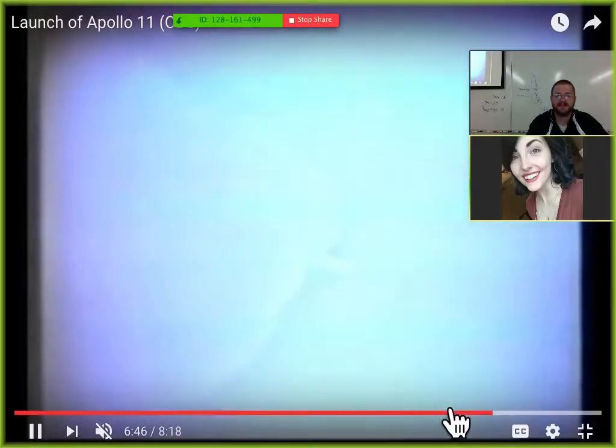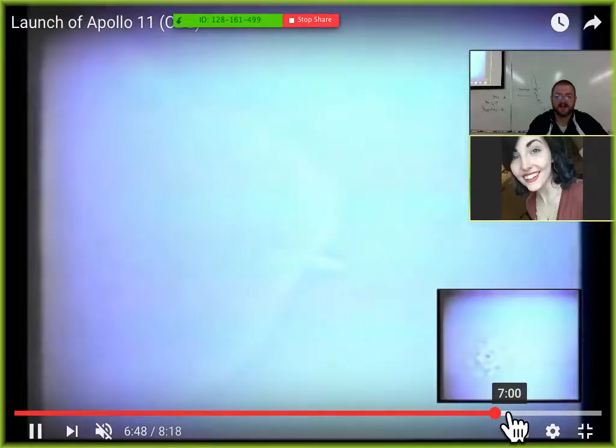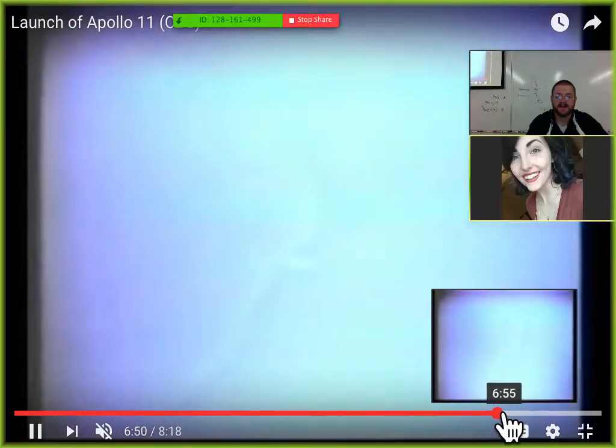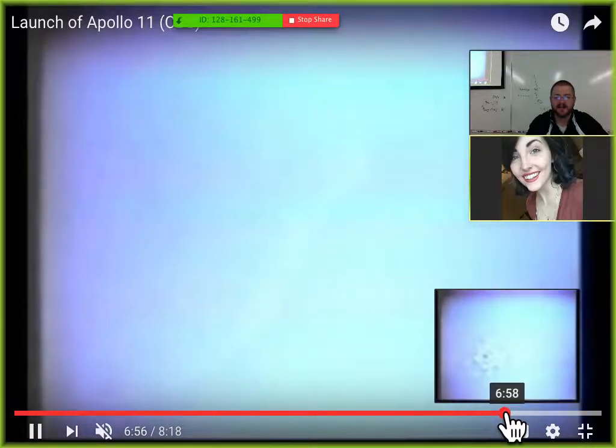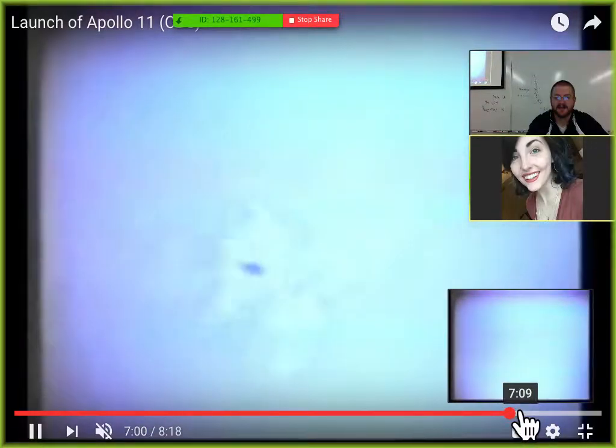Can you see it? We're barely going to see it, I think, here. There it goes. So that was the second stage, and the first stage drops.